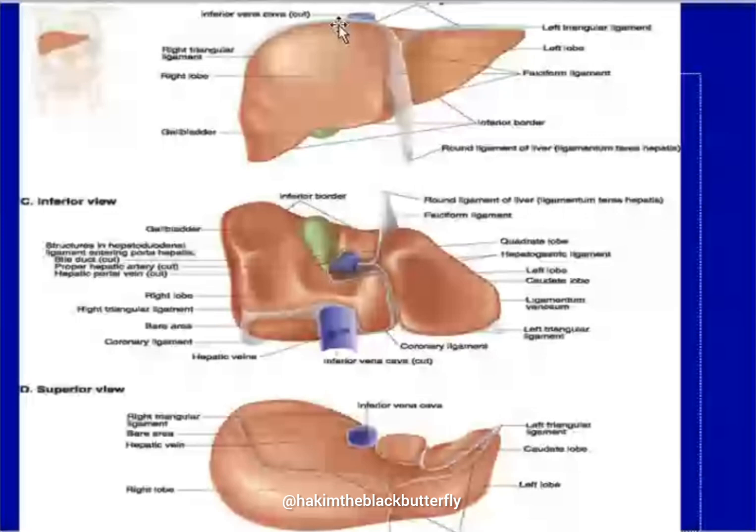So the same applies here. This is our falciform ligament there. And this falciform ligament, you can see it is there. It's dividing into the left coronary, which is here, and then the right coronary, which is there.